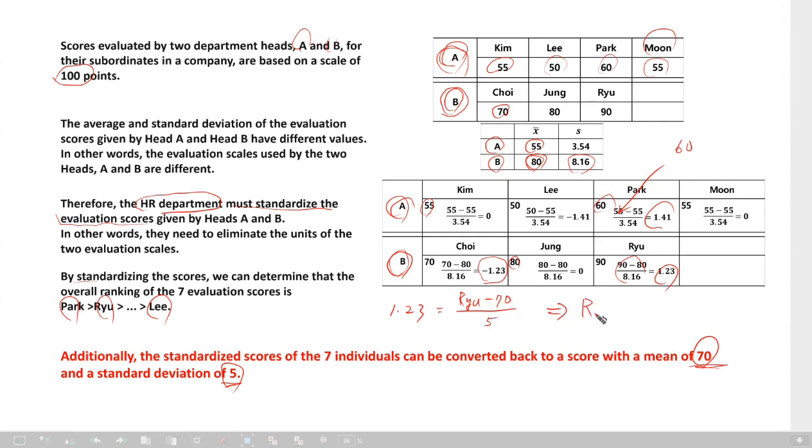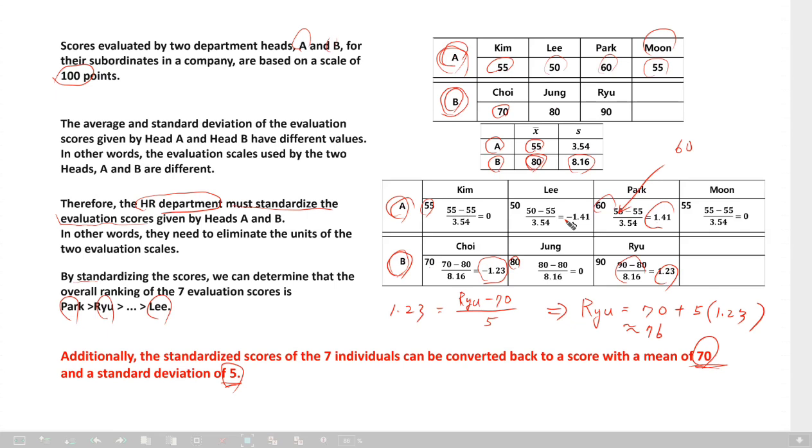From this equation, Liu's score will be 70 plus 5 times 1.23, so his score is about 76. For all persons, their standardized scores can be converted to another score.